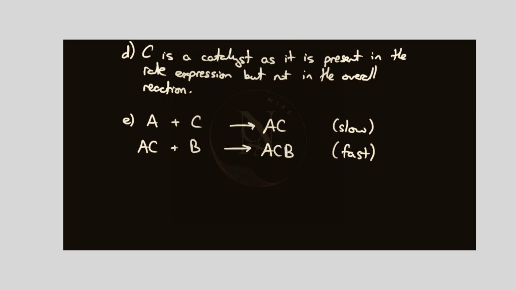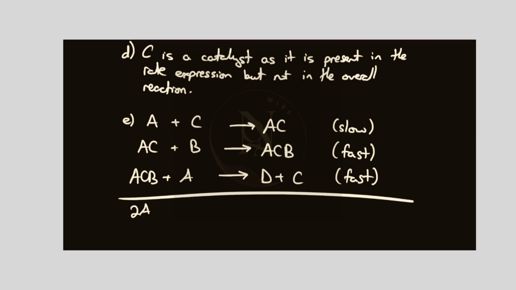And then we'd have ACB plus A to produce D plus C, and this would be fast. And then our overall here would be 2A plus B to produce D.